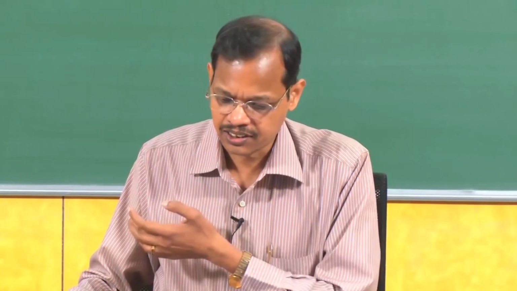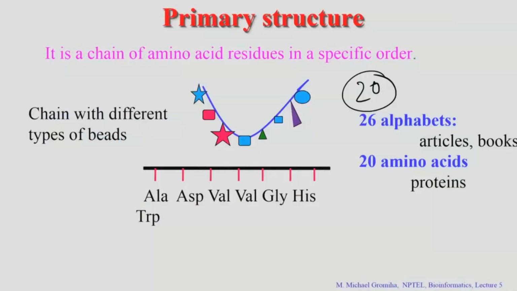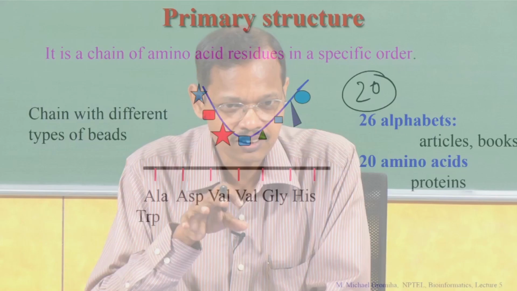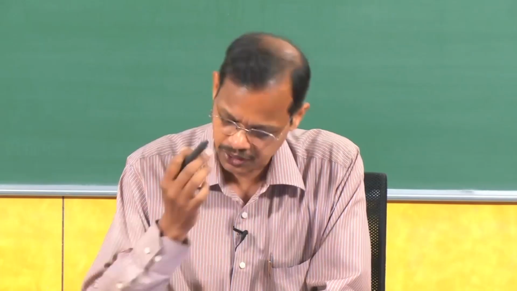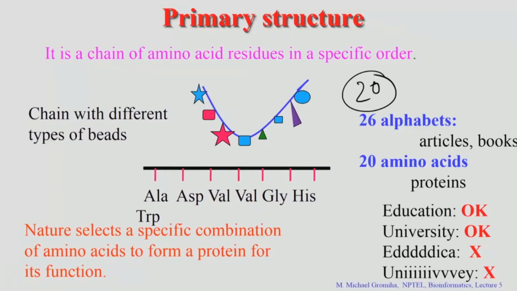This is kind of like English dictionaries. If there are 26 alphabets, with these 26 alphabets you can make various words, sentences, and you can put these into articles and books and so on. Likewise, there are 20 different amino acids, and they can also be used to make several functional proteins. In the case of these 26 alphabets in English, only some specific words are present in a dictionary.